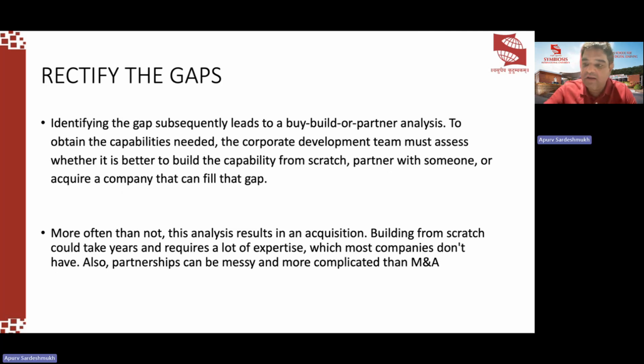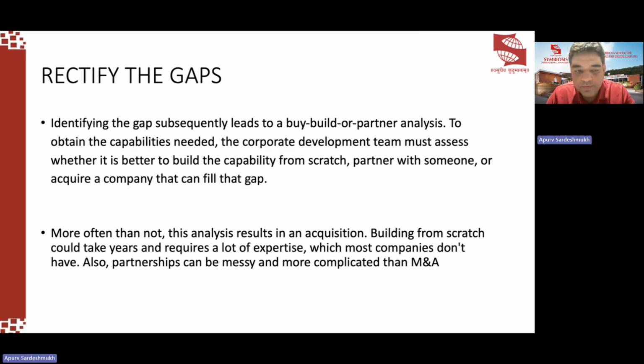Once you have identified the gaps, you will then move to a buy, build, or partner analysis.